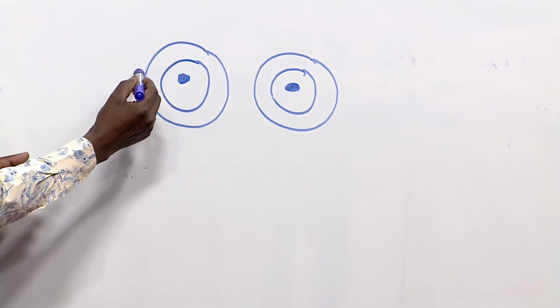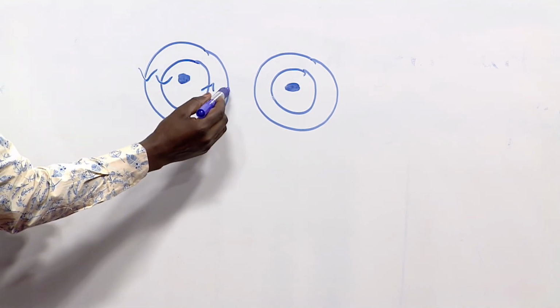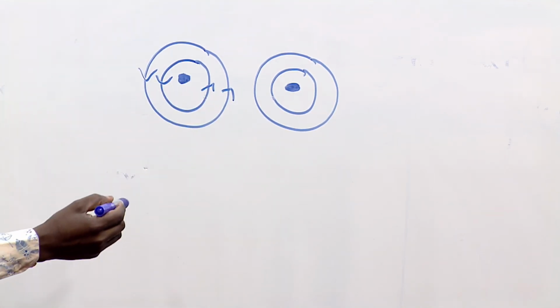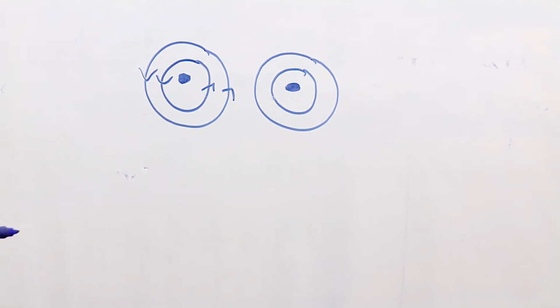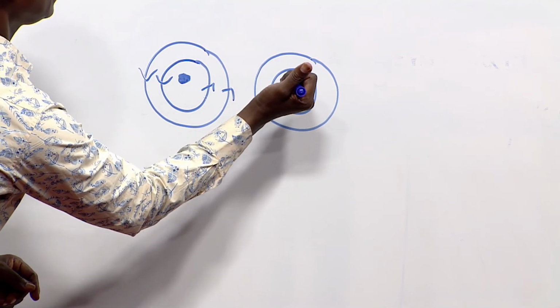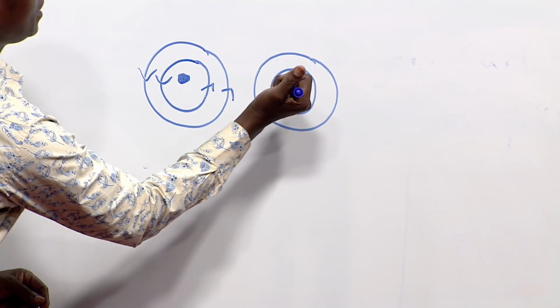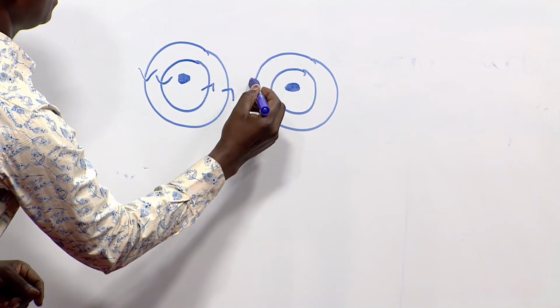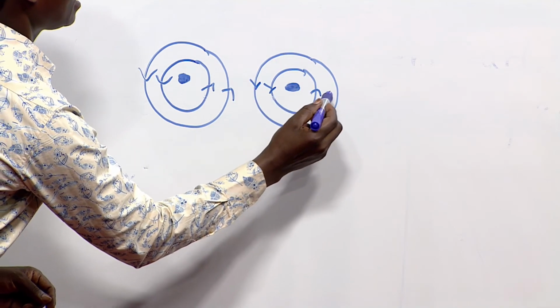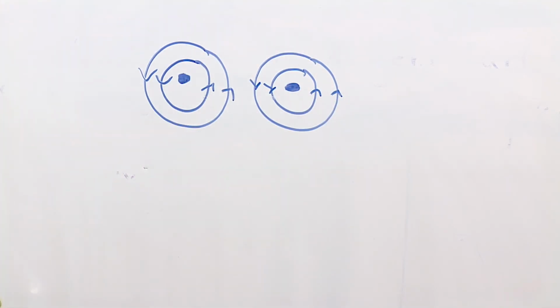So this is how the fields are near the wires. Okay? And when you come to that side, the same thing. You have that, because the current is out of the paper.